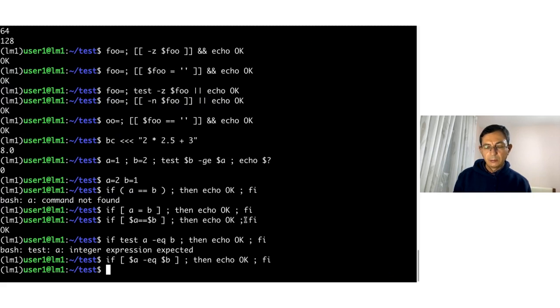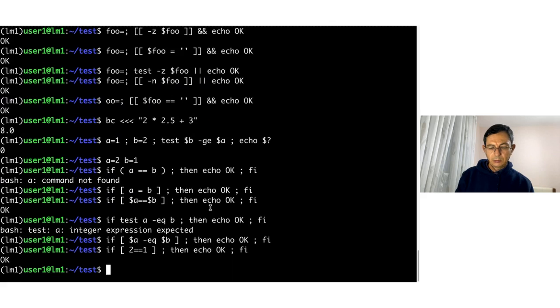But how does it work? For example, if I type 2 and 1, yes. I don't understand this.